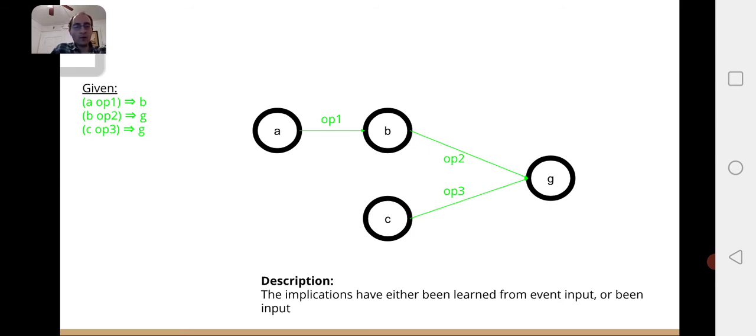Say you have already learned or were given knowledge, both is fine, that in circumstance A, operation 1 will lead to B, in situation B, operation 2 will lead to G, and if event C happened and operation 3 is executed, you will get G. This is the corresponding graph to this.